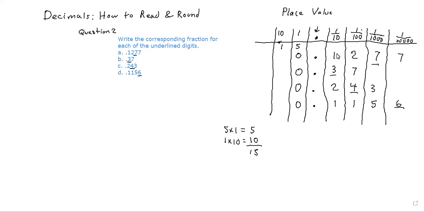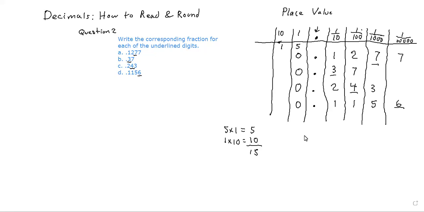For the number in part A, 0.127, we have 1 times the 1/10, because 1 is in the 1/10 place. Then 2 times the 1/100, and 7 times the 1/1,000. The digit 1 is multiplied by 1/10, just like we did over here.